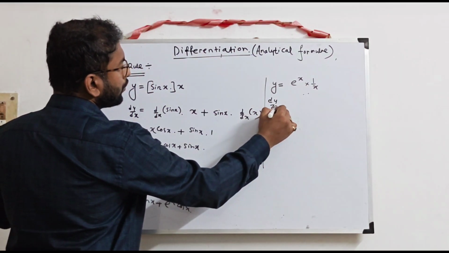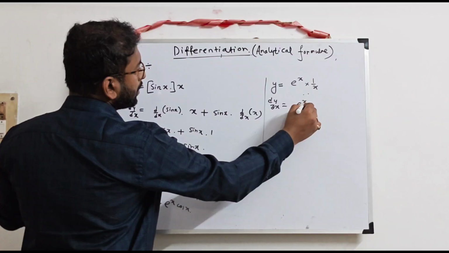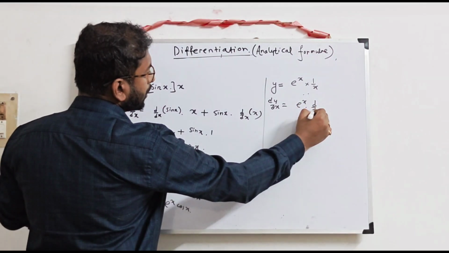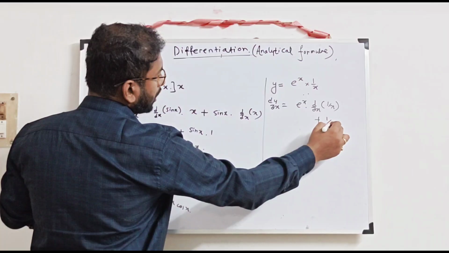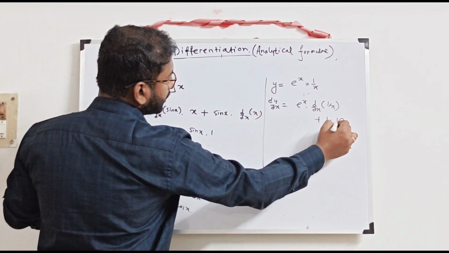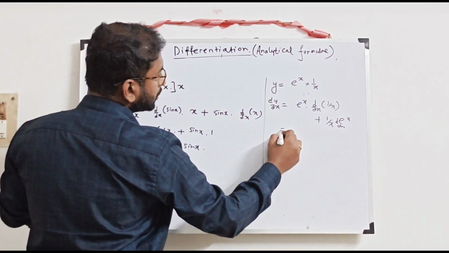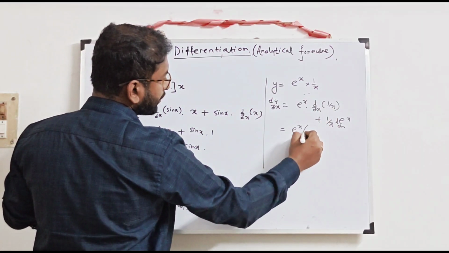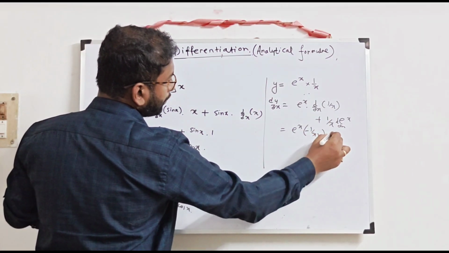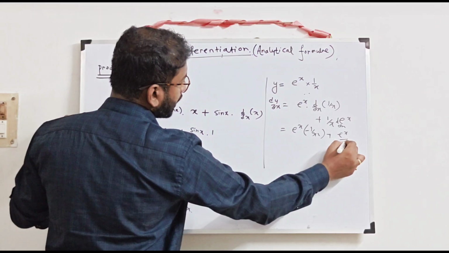So dy/dx is going to be, first one you will keep as constant, differentiate the second one, plus second one will keep as constant and differentiate the first function. So ultimately you are getting e to the power x, the d/dx of 1 by x is minus 1 by x square, plus e to the power x by x. That is your answer.